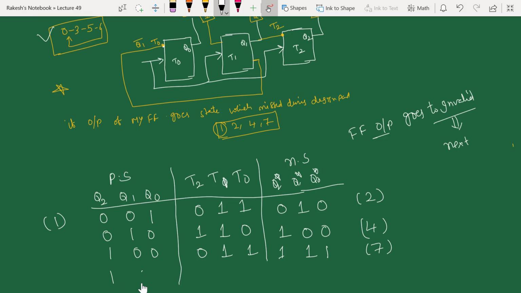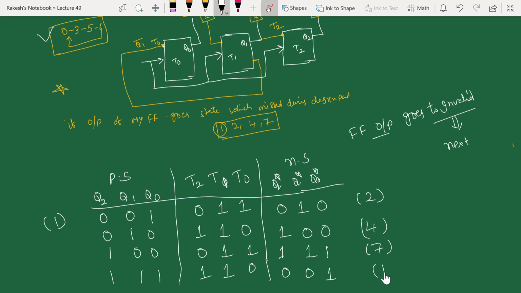Suppose it is in 111, all ones. Now your T1 is always 1, your T0 is Q1 bar, Q1 bar is 0, and your T2 is Q1, which is 1. At this time your T0 is 0, that means it will be in the same state, and your T1 is 1, that means Q1 will toggle to 0, and similarly T2 is 1, your Q2 will toggle, it becomes 0.